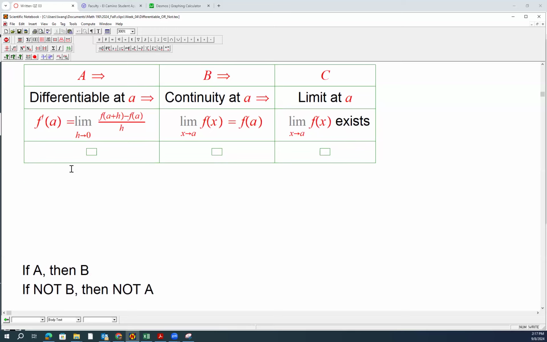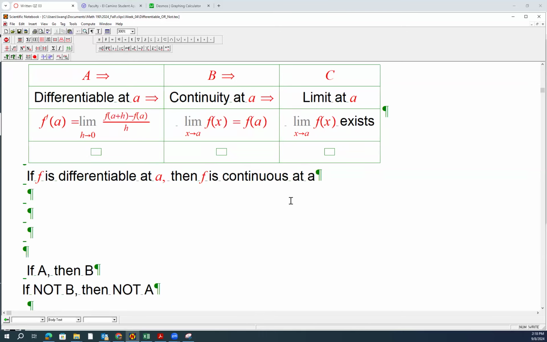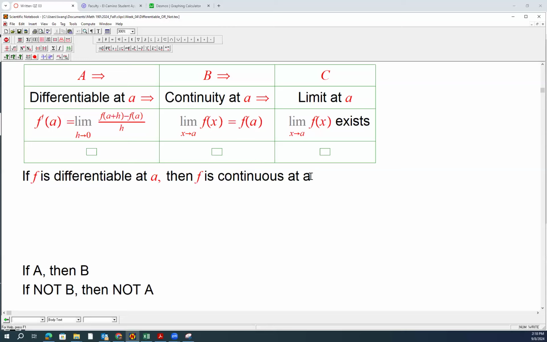Since if f is differentiable at A, then this is the theorem: f is continuous at A. This is the theorem we have proved.